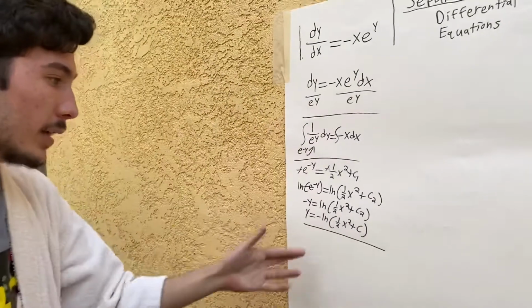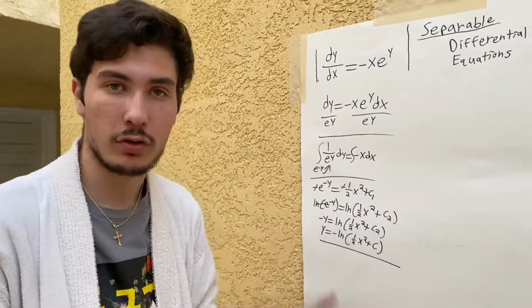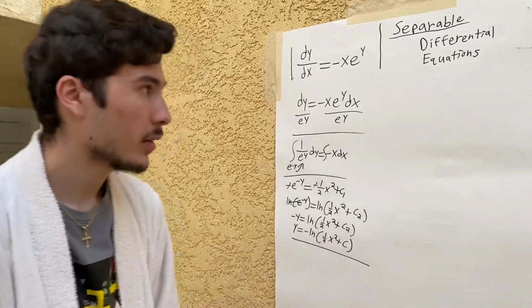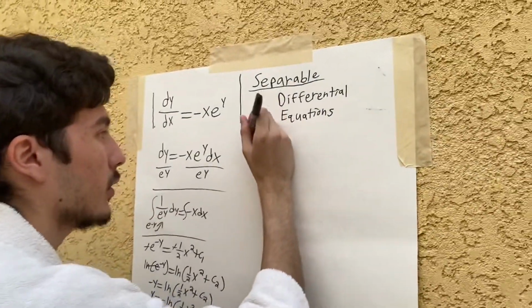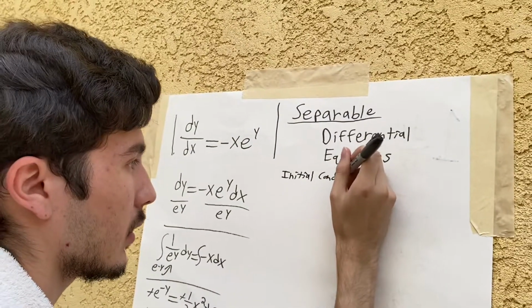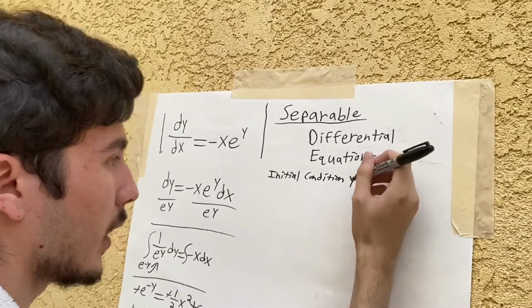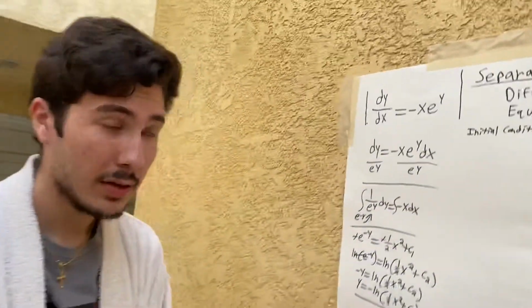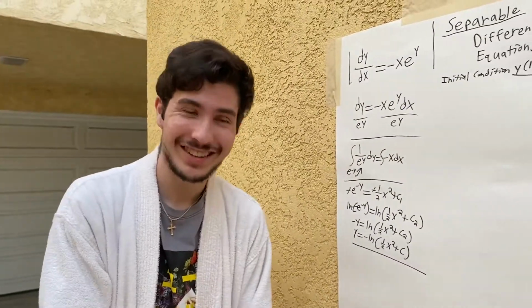Okay, so now that we have this, which is known as the general solution, what if I want to find what c is? Well, I have the initial condition of y of 1 equals 0. Forgot to write that earlier.